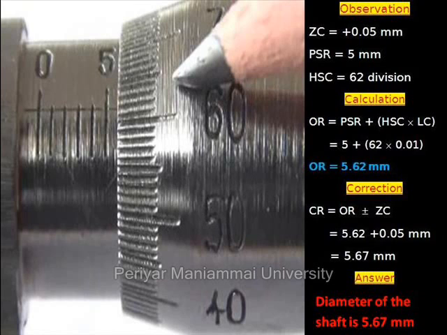So the observations are pitch scale reading 5 mm and head scale coincidence 62 division. So we can substitute the value and we will get the observed reading 5.62 millimeter and after correction we get 5.67 millimeter. So the diameter of the given electrical tester is 5.67 millimeter.